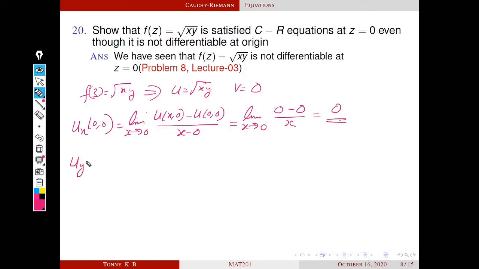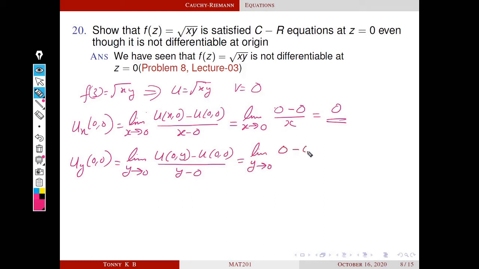So next we have to find u_y at (0,0), that is, the partial derivative of u with respect to y at the origin. By definition, this is the rate of change of u with respect to y. So u(0,y) is 0, because when x equal to 0, u is throughout 0. So this is equal to 0.